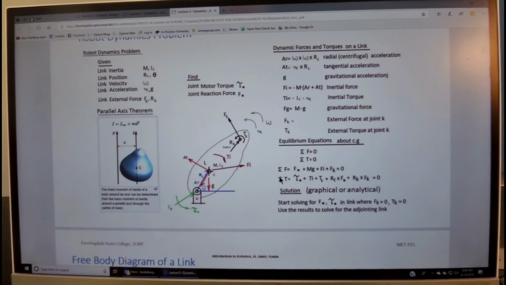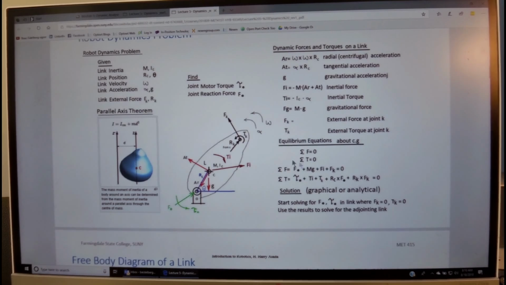And the Euler equation, summation of all the torque equal to 0, means that the motor torque over here, T0, plus the inertial torque, plus the torque of the next link acting on this link, plus the torque of the force of reaction at this joint acting on the center of gravity. All these, by the way, are done on the center of gravity such that the moment of the inertia force is going to be cancelled.